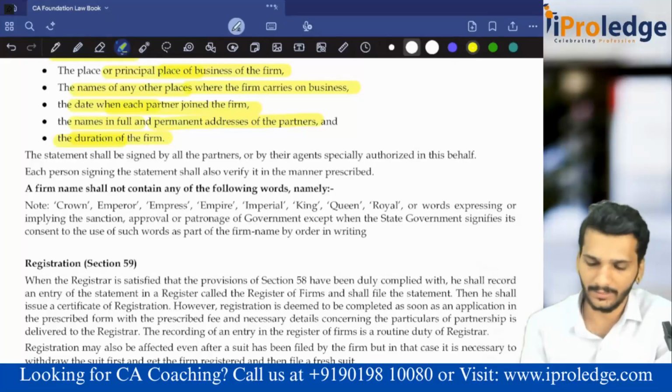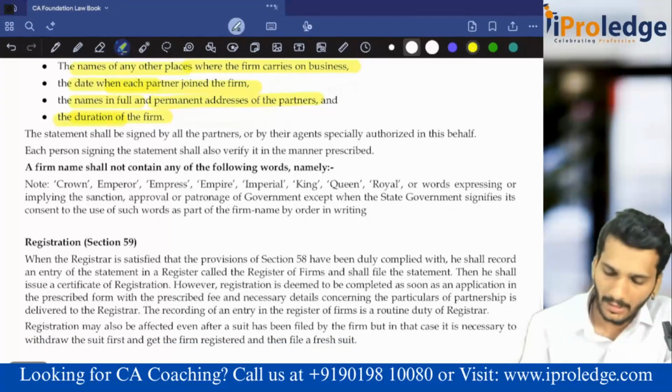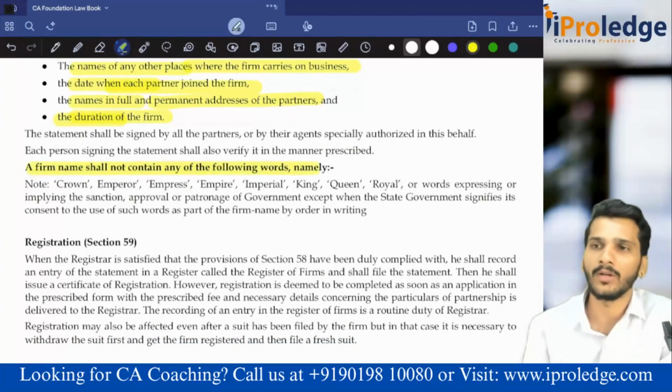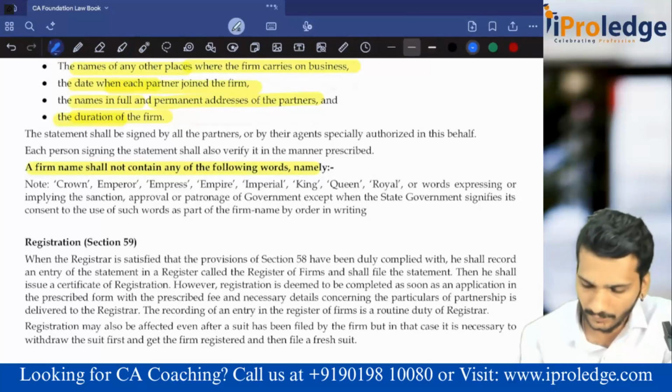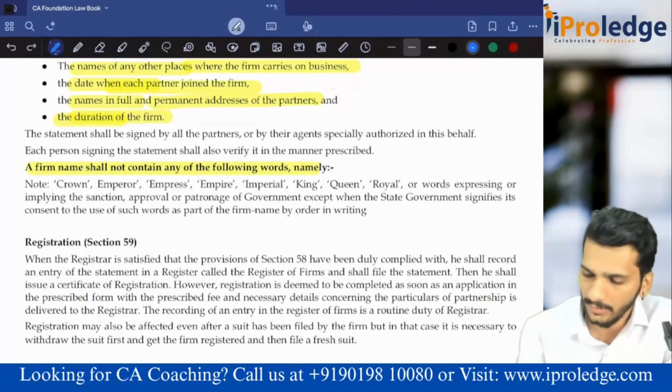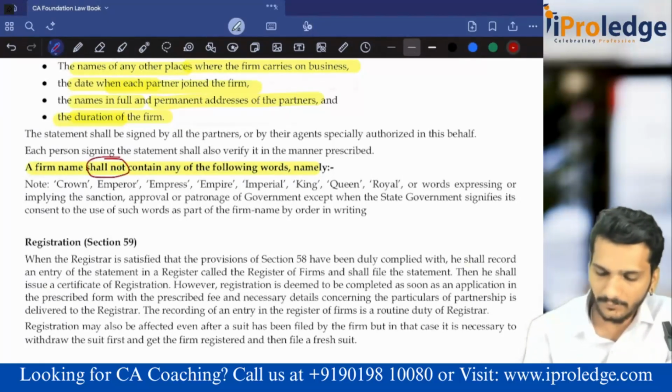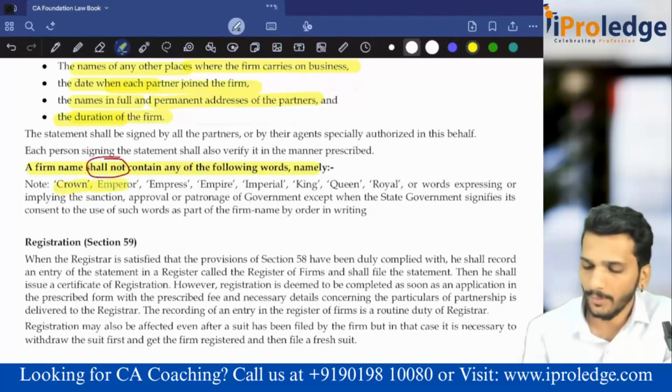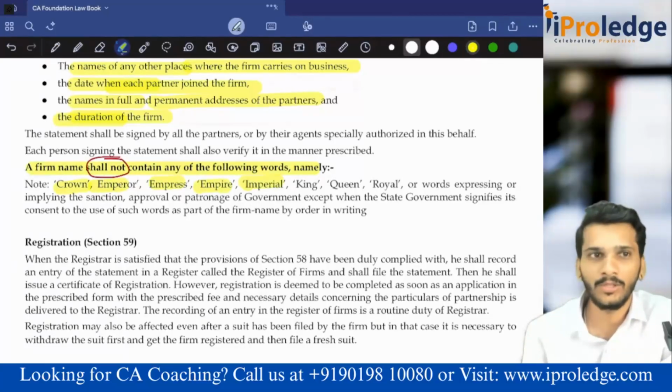And a firm name should not contain the following words: throne, emperor, empress, empire, imperial. It is not what you think as imperial blue; imperial means supreme.